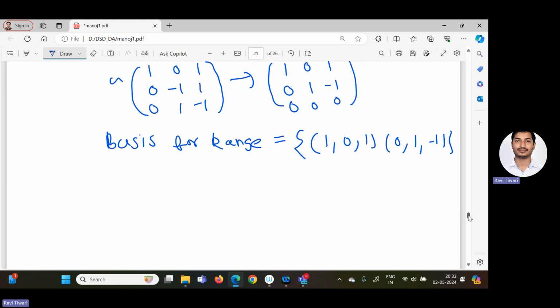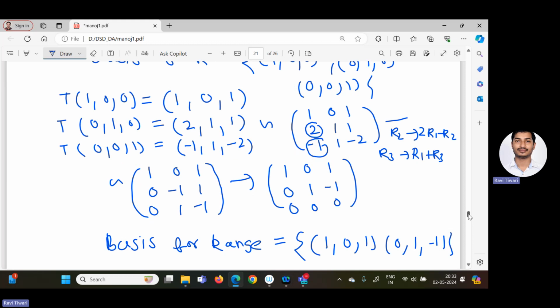So this is the way to calculate the image and kernel of a linear transformation. For the kernel, you equate the given image to 0. And for calculating the image of a linear transformation, we can directly take the image of the standard basis. But sometimes some different basis may be given to you, for example, T is a linear transformation from some vector space to another vector space, and the domain is spanned by some other vectors.